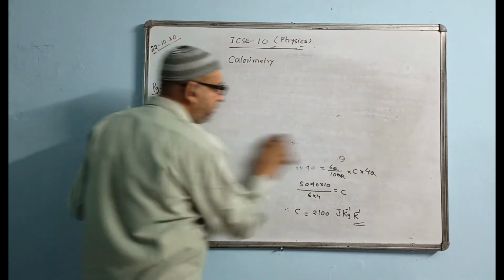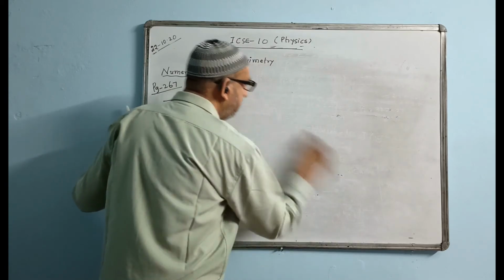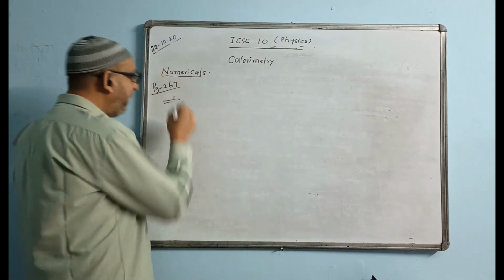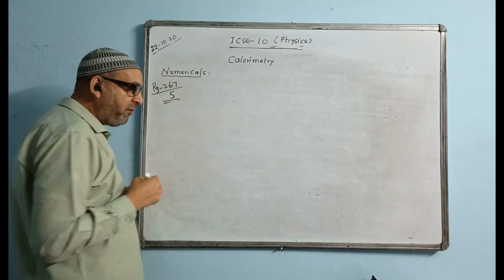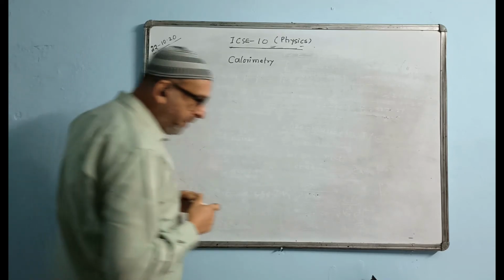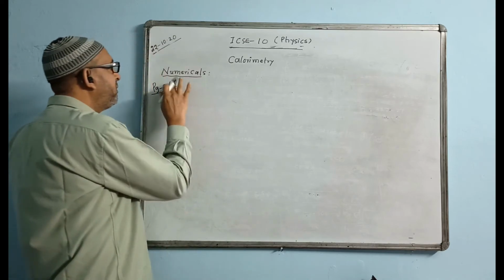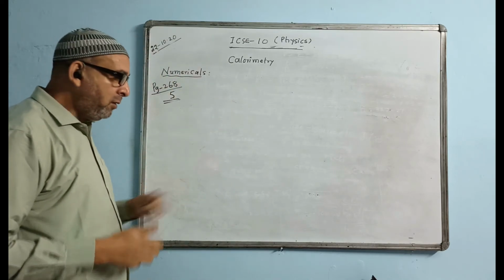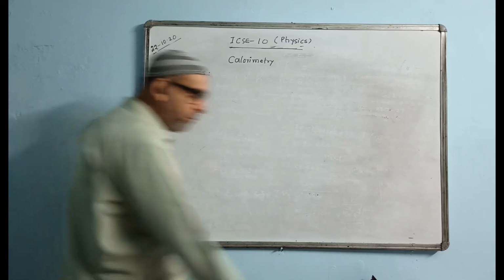Now the next question is question number 5, Example 5 on page number 268 of the Concise Physics. I will read the question for those who do not have the books.